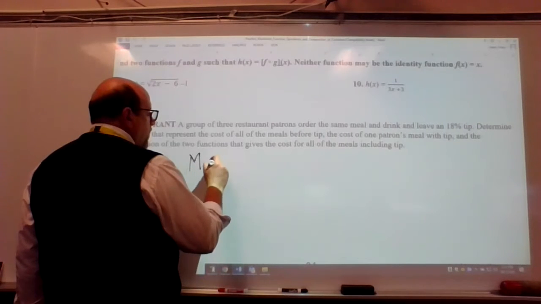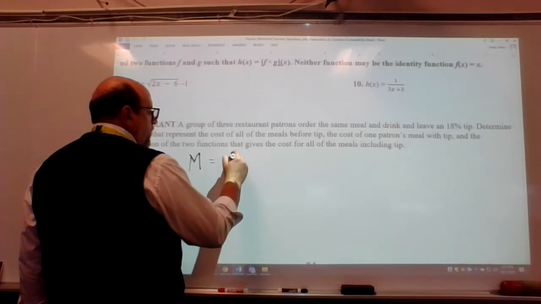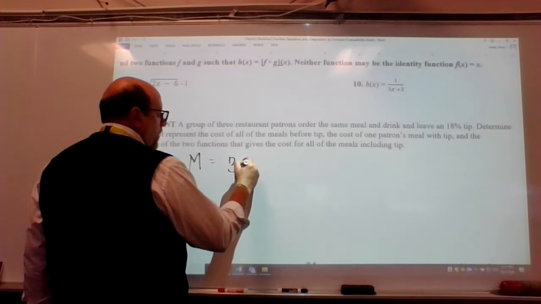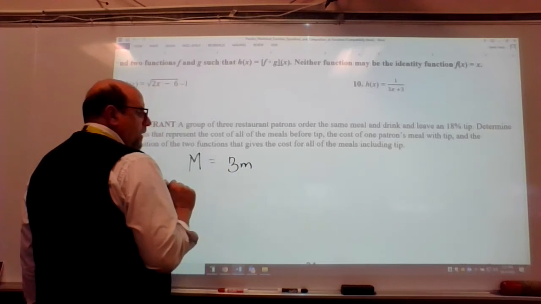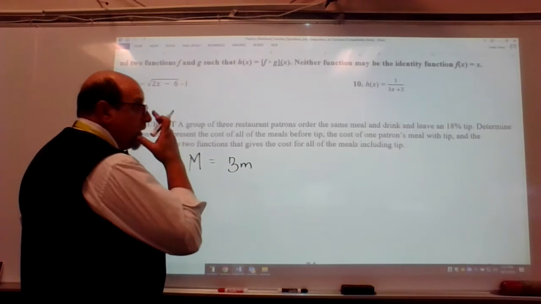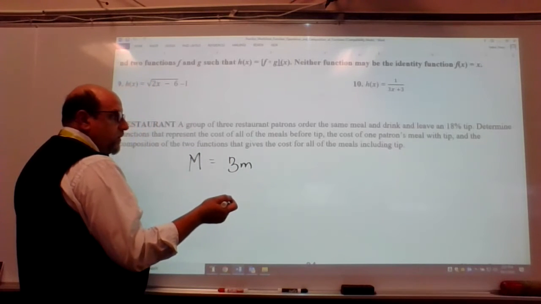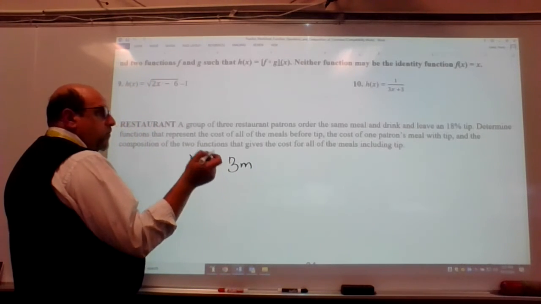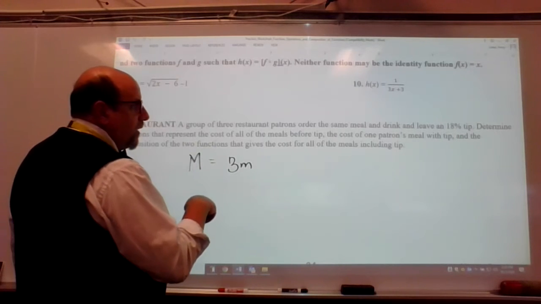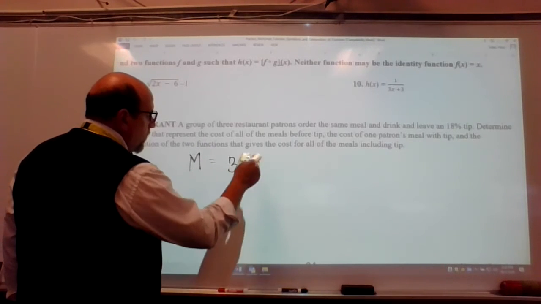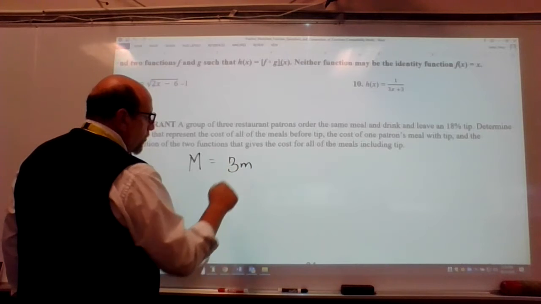And it's 3 of them, right? So 3 meals, right? And our next function is a meal plus, so this would be the cost of the meals, right?